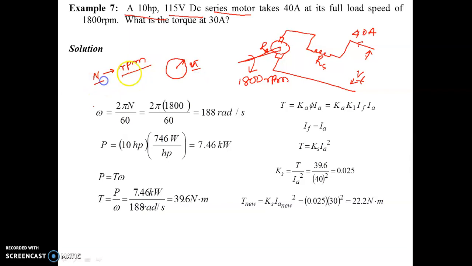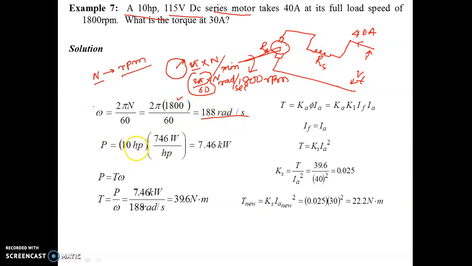If it is N rotations, then N multiplied by 2 pi, and this is per minute, so we need to convert minute into second. So 2 pi into N divided by 60. This is the angular speed and its unit is radian per second. The same is used here: N is 1800, and after solving this we get 188 radian per second.